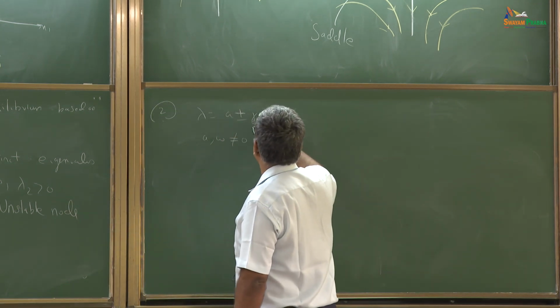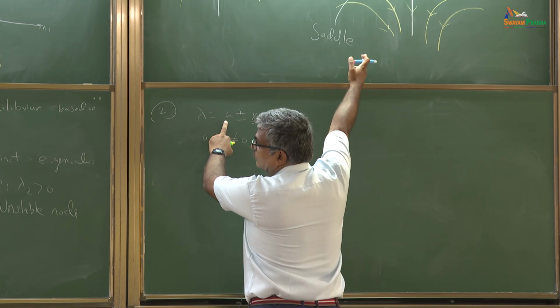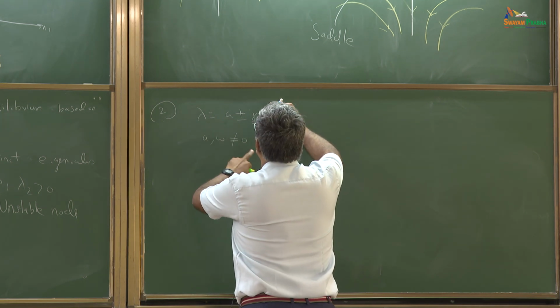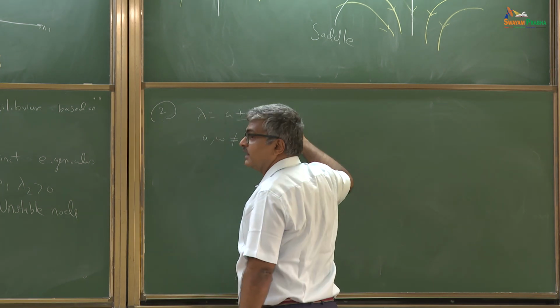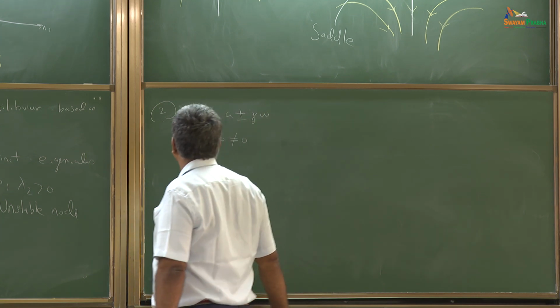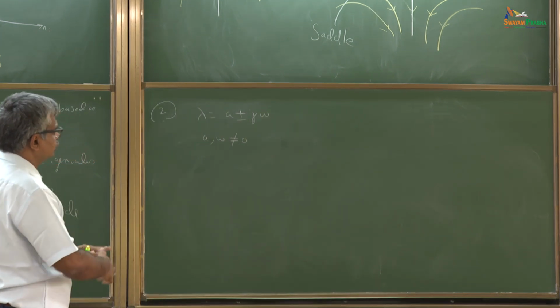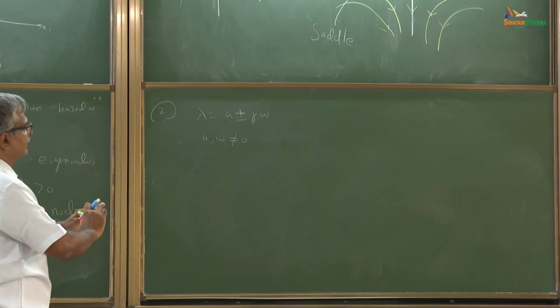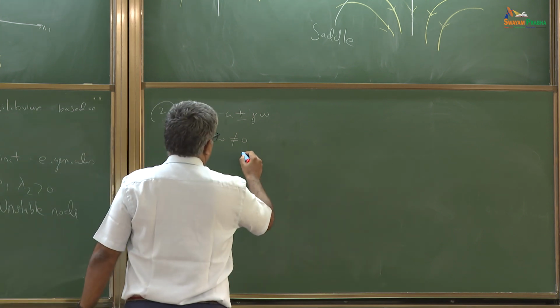Because if omega becomes 0, then it will boil down to the real case, and if a becomes 0, then we have another case for that. So I want to deal with the case where it has a non-zero real part and is a complex eigenvalue.